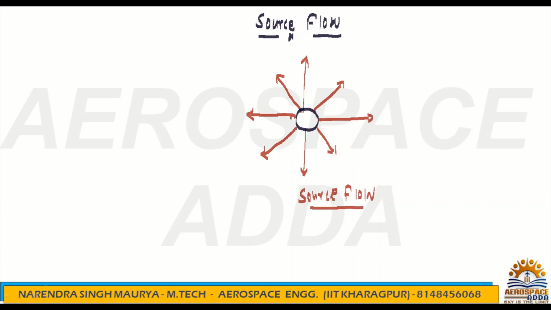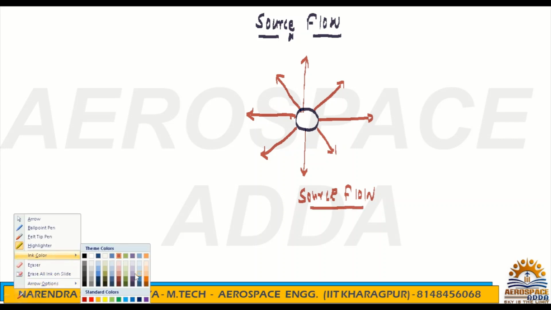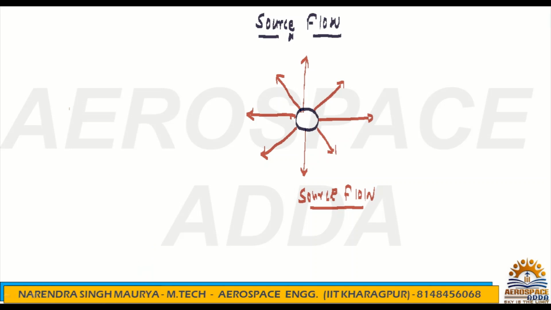Source flow, right? Now you can see here the strength of source, like last class I had explained. The strength of source is nothing but discharge per unit depth.